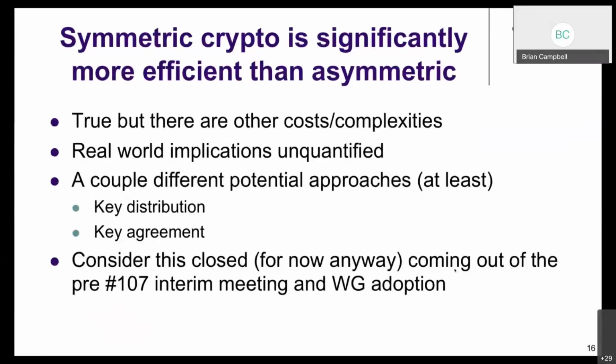I'm sure there's other ways. But basically, I'm working off of the idea that I consider this code now coming out of the meeting we had before the full 107 and then the general working group adoption of the document. There seemed to be not enough interest in pursuing something different, something concrete, and so we're kind of going with this for now.